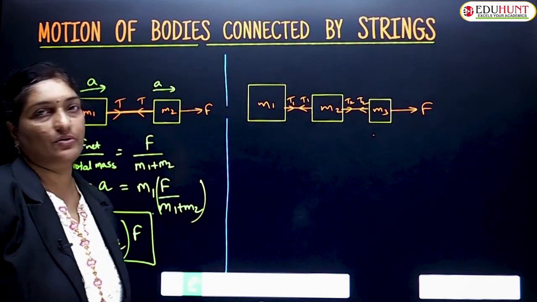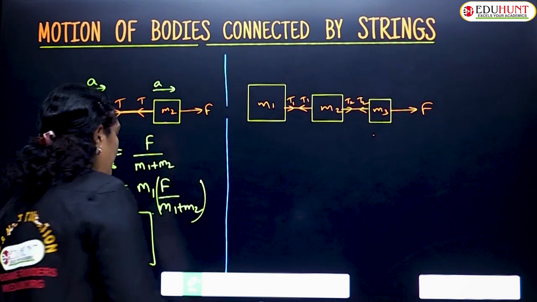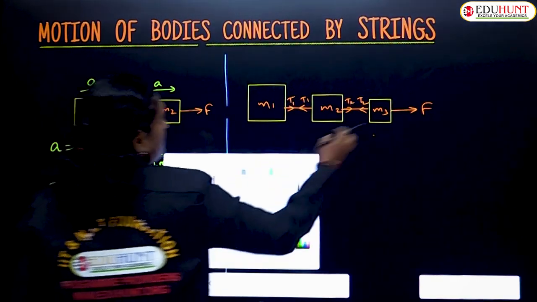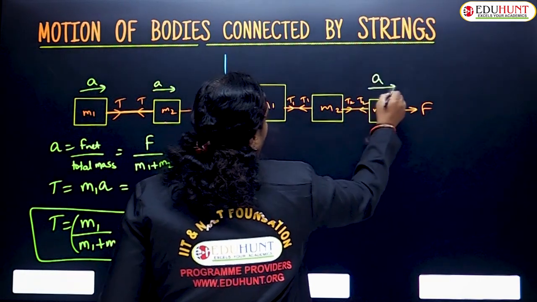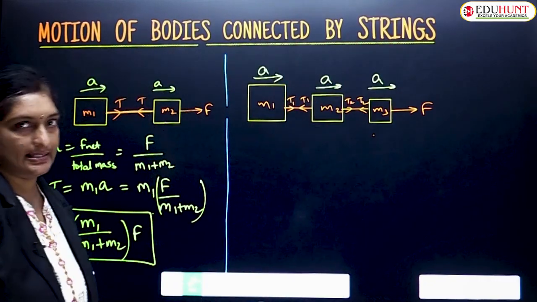So both upward and downward forces are balanced. The only net force acting will be in the horizontal direction, towards the right side. When force F is applied, all the blocks produce the same acceleration.